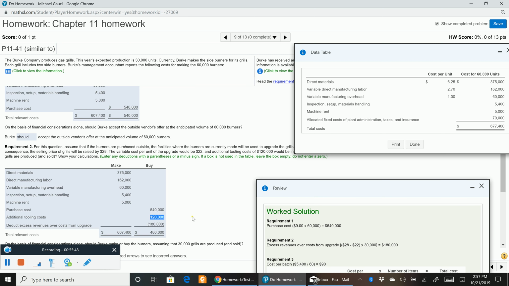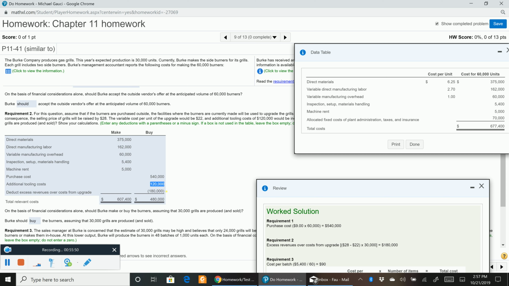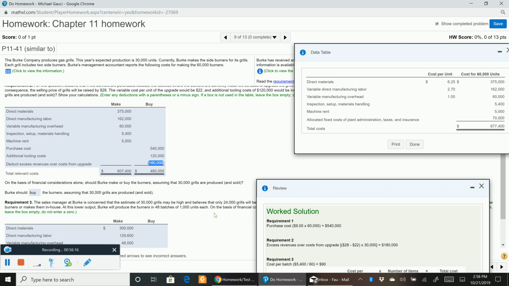So certainly buying outright, we're going to decrease our relevant cost by bringing in the extra revenue, and of course the extra tooling costs. So once again, it makes even more sense to buy it outright than making it internally. All right, we can have better use of our time if we buy the burners outright, and we can use all that idle capacity to make the extra rotisserie attachment. Okay.